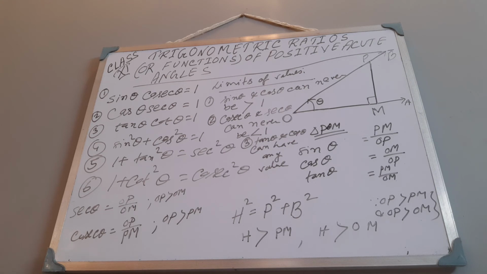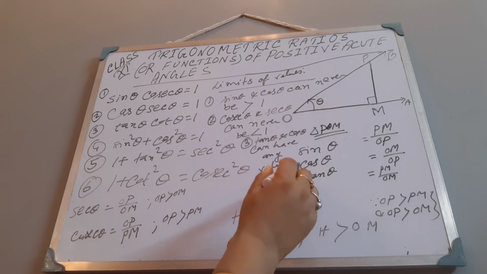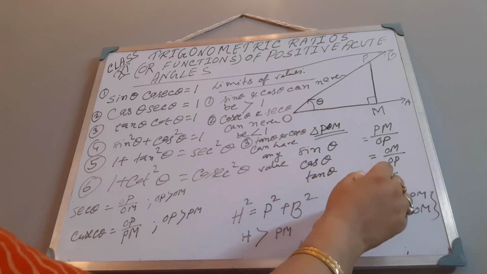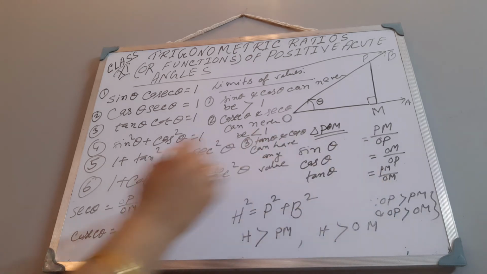Why? Because trigonometric ratios are defined as the ratio of lengths. Hence, each of them is a pure number. Tan theta is PM by OM and cot theta is OM by PM, and both of these are only lengths.